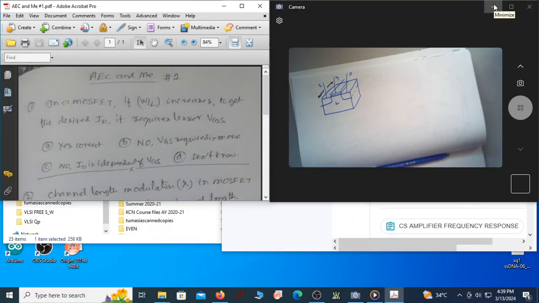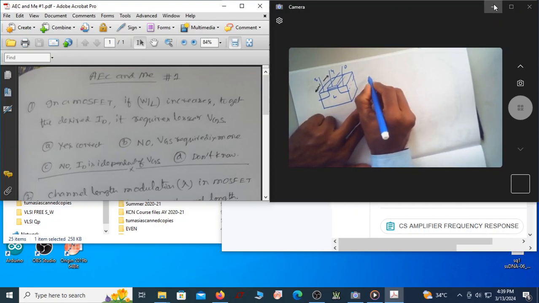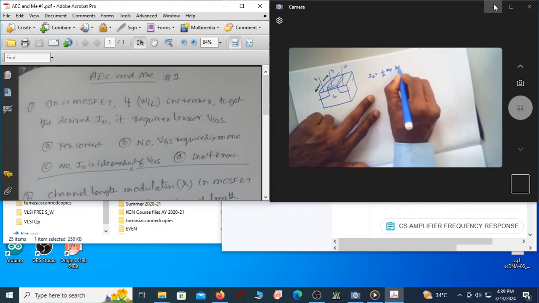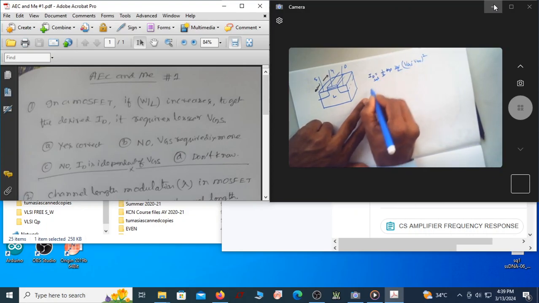The current if the MOSFET is operating in the saturation region is given by half Kp W by L into (VGS minus VTO) whole square. This is when it is in saturation.